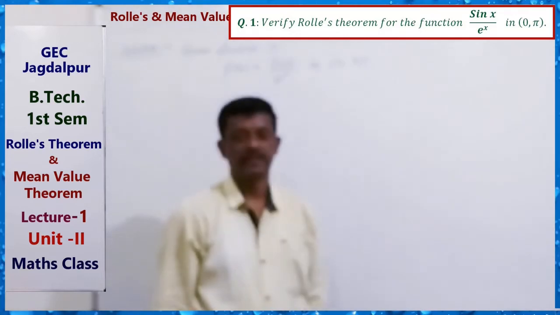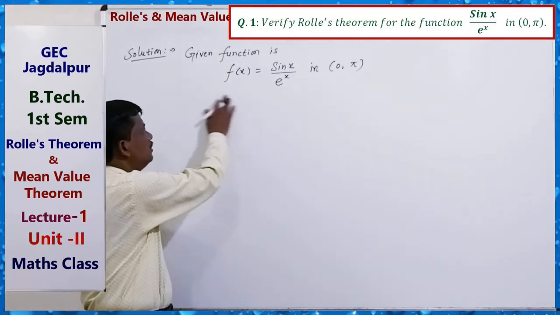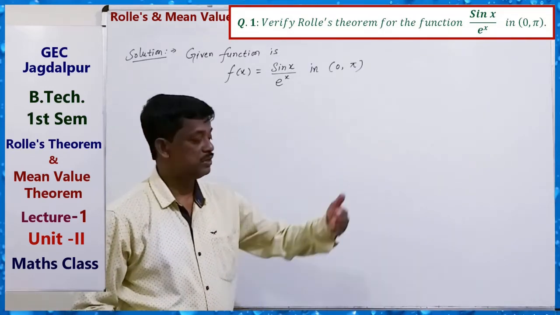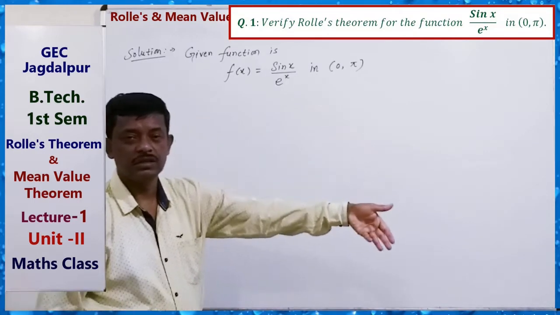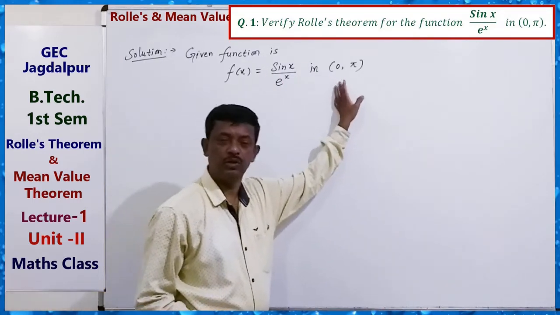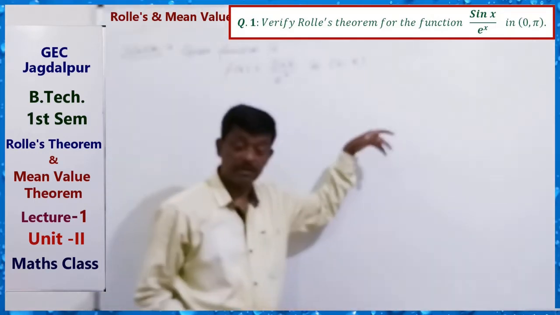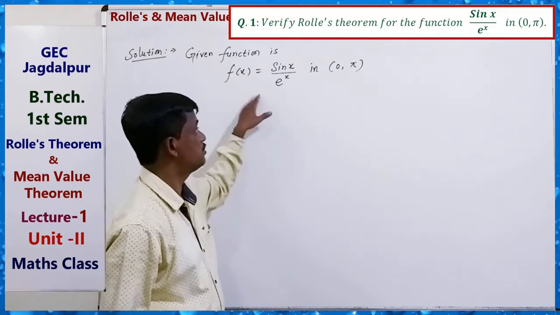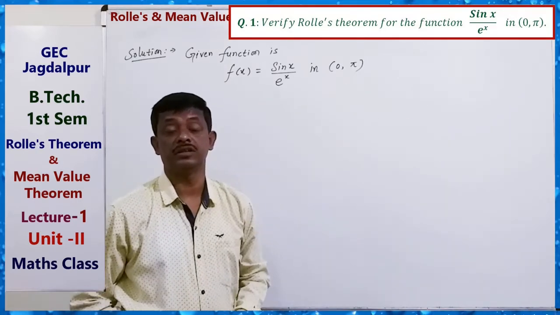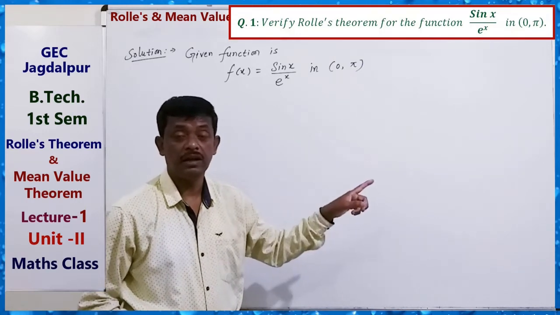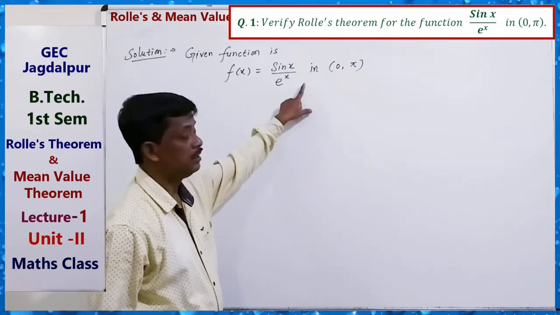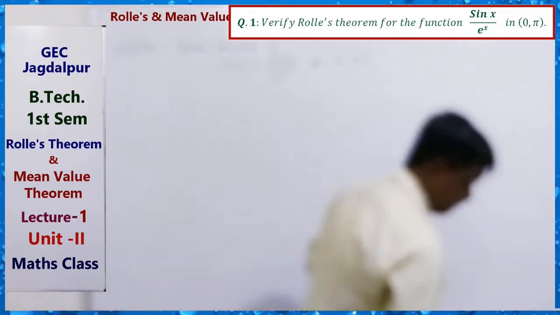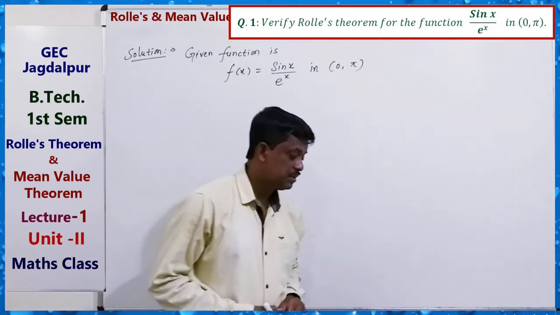For verification of Rolle's theorem, we have to discuss three points: the function must be continuous in the closed interval, differentiable in the open interval, and f(a) equals f(b).